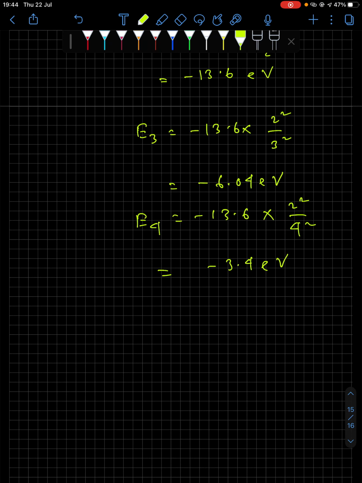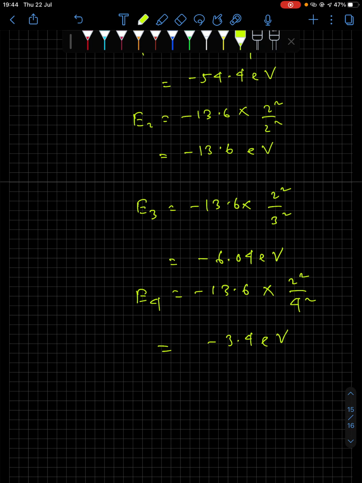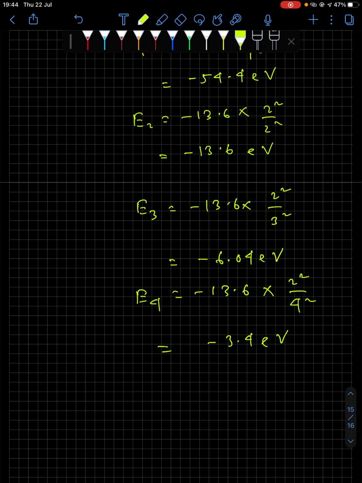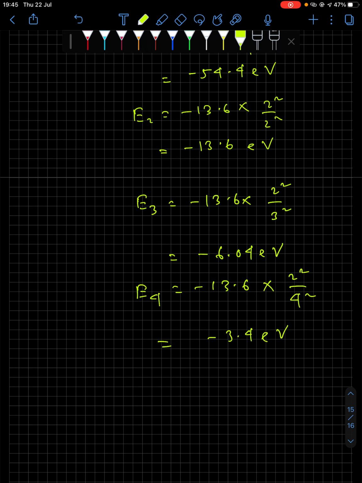Now you have to check which of these energy level differences will give 10.2. It is pretty obvious that the difference between 13.6 and 3.4 gives 10.2.